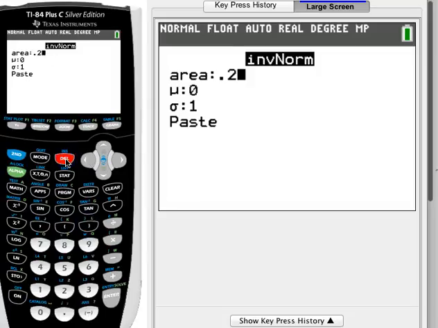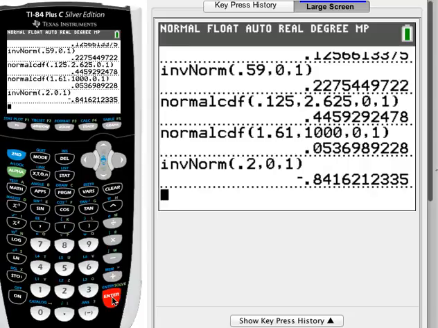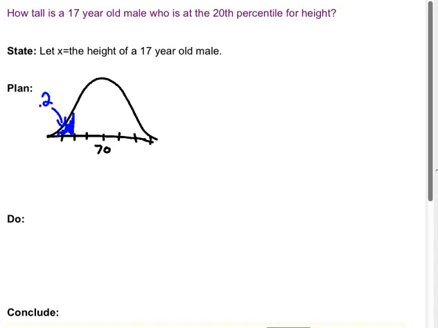Oh, let's figure out the z-score from that area. Okay, so again, we're reverse engineering that z-score. So the z-score is going to be negative 0.84. Okay, so that's the z-score that creates the 20th percentile. Okay, the z-score that marks a point that 20% of the data is less than it.